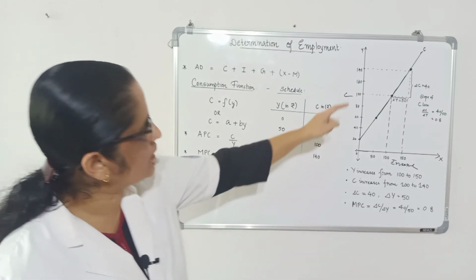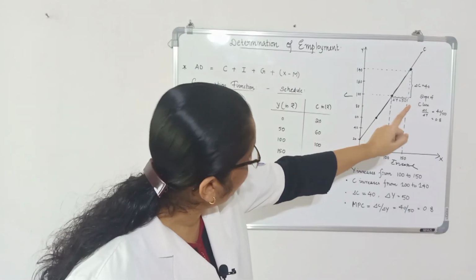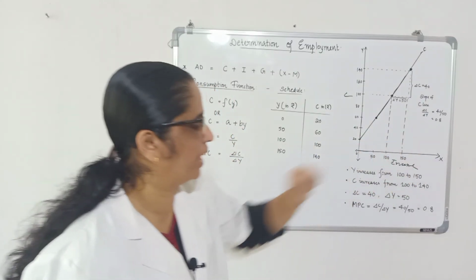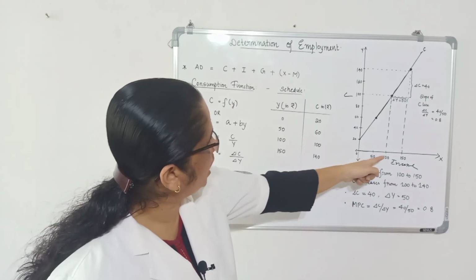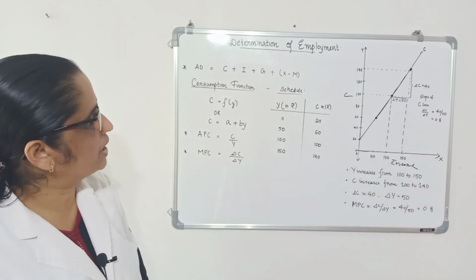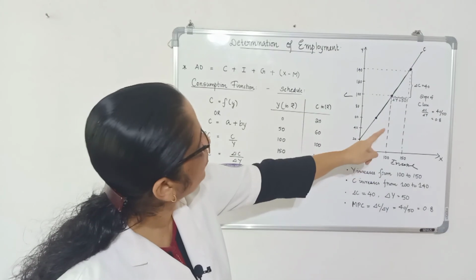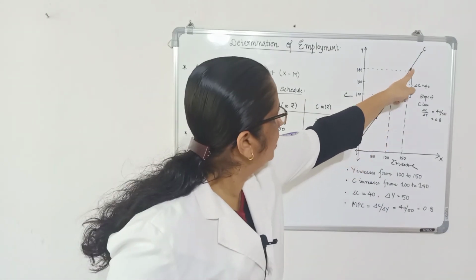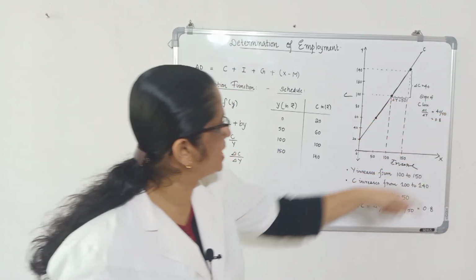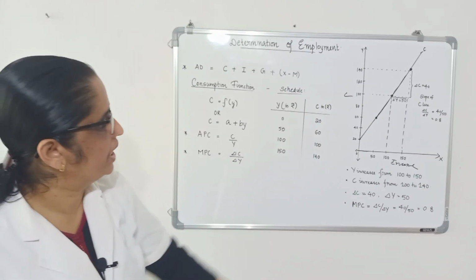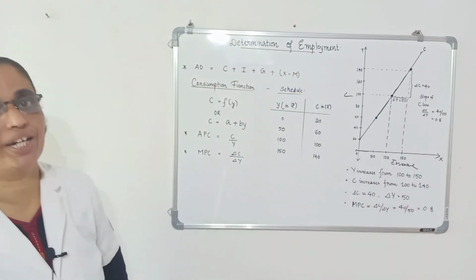That shows the slope of the consumption function curve, that is MPC, delta C by delta Y. Here delta C, the vertical distance, is equal to 40, and delta Y, the horizontal distance, is equal to 50. MPC, delta C by delta Y, is equal to 40 by 50, which is equal to 0.8.